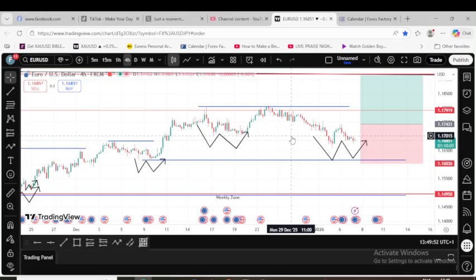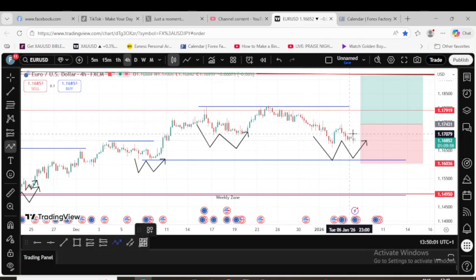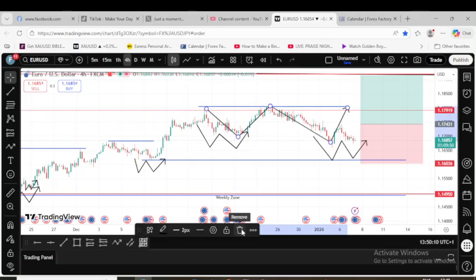Usually this daily zone should give me some level of apprehension. But if price moves up here, then this entire thing will be a daily W pattern, which will have more weight than an H4 W pattern.